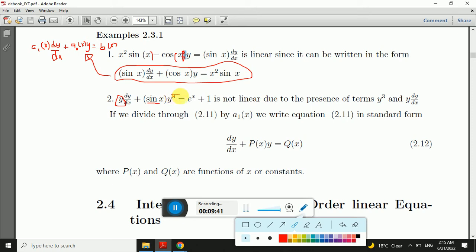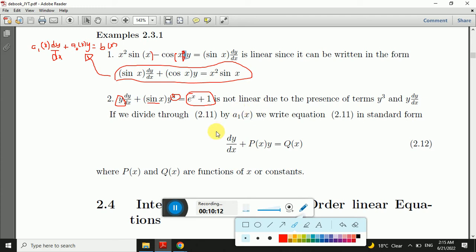So because of this y cubed, this will not be linear. Otherwise, the right hand side is okay because e to power x plus 1 is a function of x. But because of this y, which by definition should be a function of x, and because of this y cubed, which by definition should just be y, example 2 is not linear.